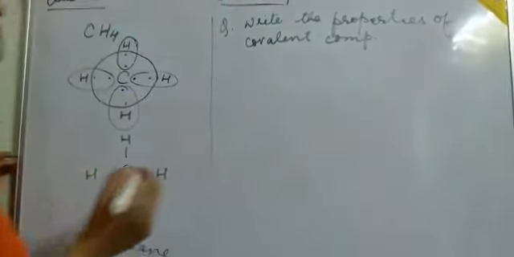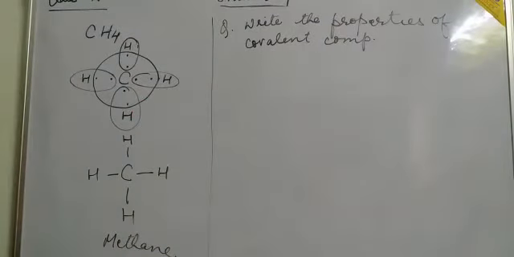Covalent compound, as its bond is not a very strong bond, is found in solid, liquid or gas. It dissolves only in organic solvents, not in inorganic solvents, because like dissolves like, this is the law.